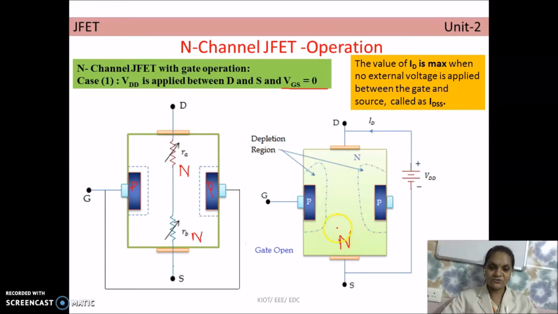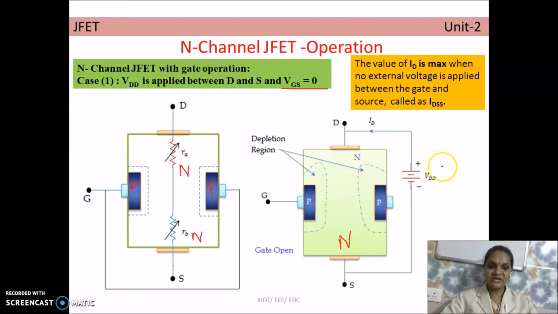All the electrons available near the source terminal are forced to move towards the drain terminal. From the drain terminal, those electrons leave and move towards the positive terminal of the battery, and this results in a continuous flow of electrons through the channel. The channel provides the path for the electrons to flow from source to drain terminal.